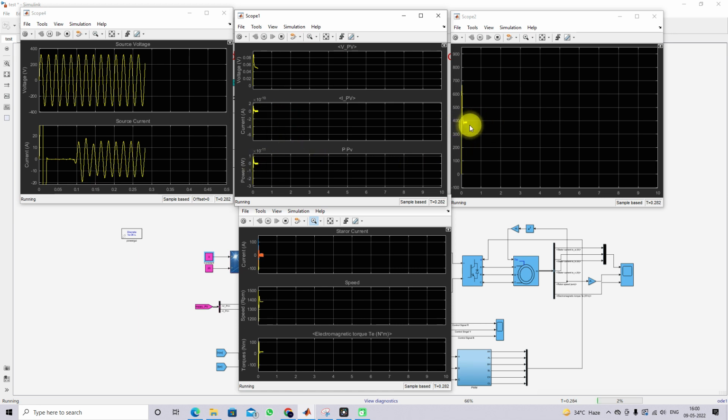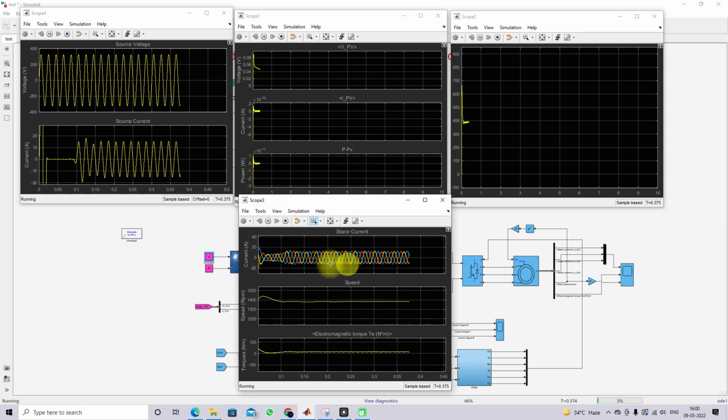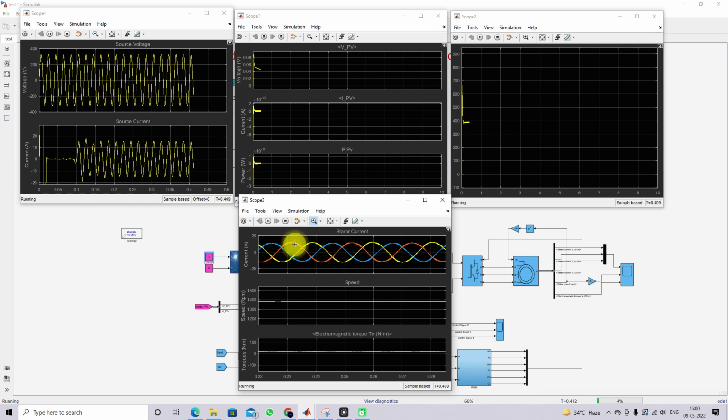So here you can see that the DC link voltage is maintained around 390 volt, right? So here you can see this is stator current and then speed of the induction machine and the torque of the machine. So here you can zoom in on this one. Here you can see that the current of the induction machine is sinusoidal, with a peak amplitude of around 12 amps.